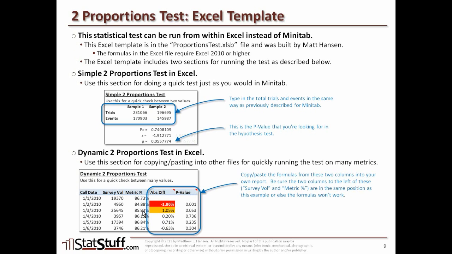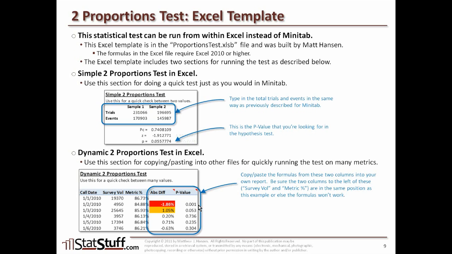And then the next row here is comparing 85.93, subtract from that 84.88, and the raw difference is 1.05%. So all this absolute difference column is, at first, merely the raw difference from the current row to the prior row. And it's doing that for each of these values and putting that raw absolute difference.